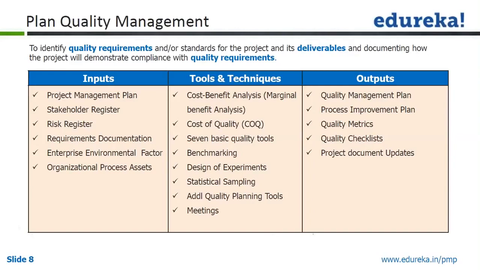Then coming to the process improvement plan, this is again a subsidiary component of the project management plan. In process improvement, we look at the process boundaries, their configuration, and their metrics, and we aim to improve the process.